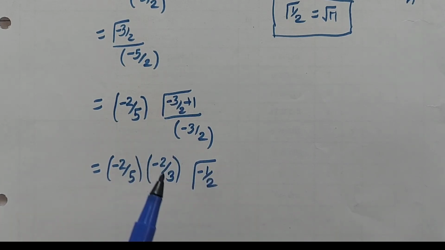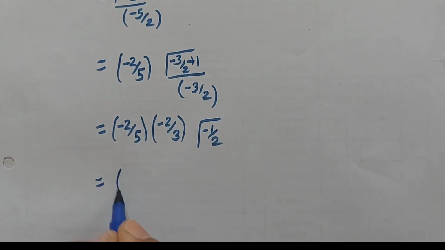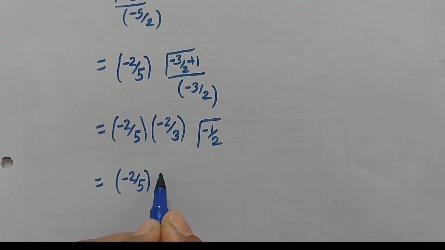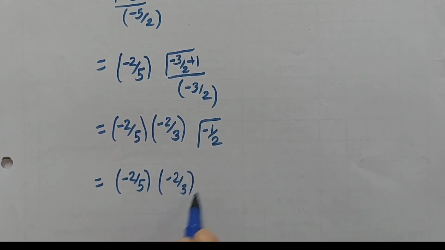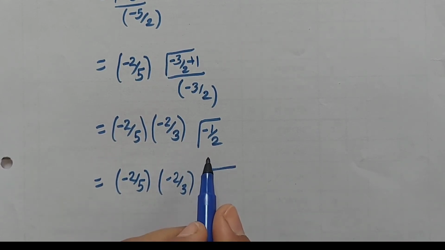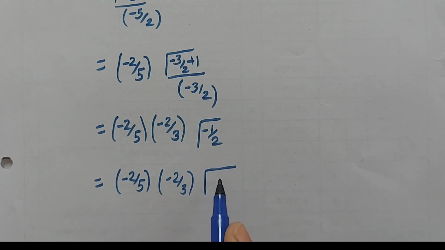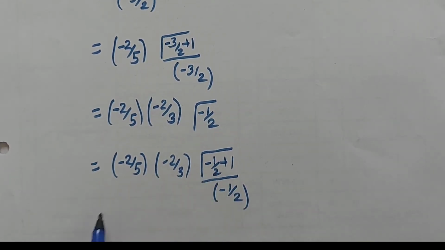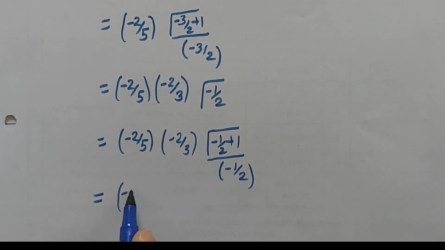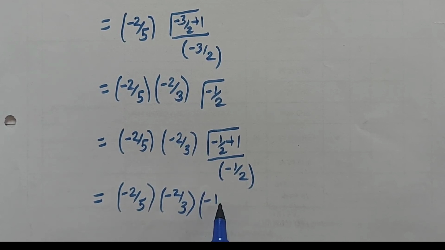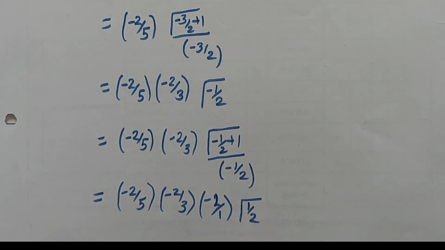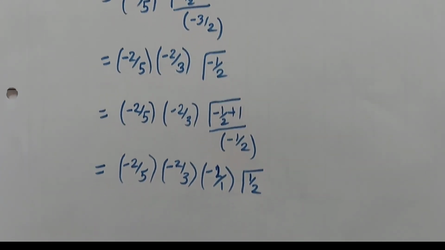Now again we have to use the same property, then it is minus 2 by 5 as it is, minus 2 by 3 as it is, and here n is minus 1 by 2, so minus 1 by 2 plus 1 divided by minus 1 by 2, and therefore minus 2 by 5 minus 2 by 3 minus 2 by 1 into gamma of 1 by 2, and the value of gamma 1 by 2 is under root of pi.